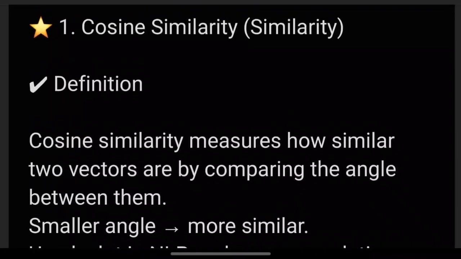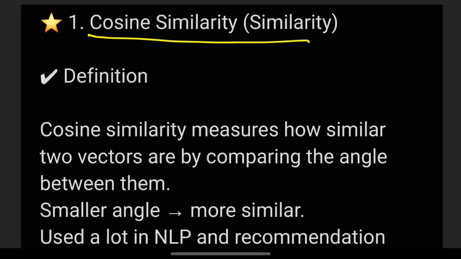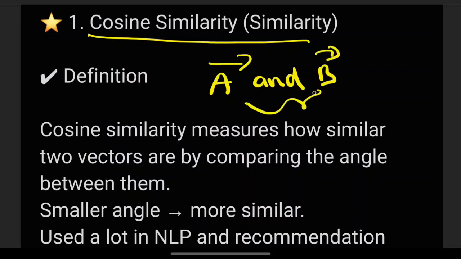The first thing is cosine similarity. The definition is that it checks the angle between two vectors. If A and B are two vectors, cosine similarity checks the angle between them. This is used in NLP, document similarity and recommendation systems.